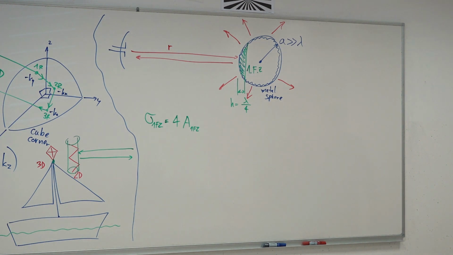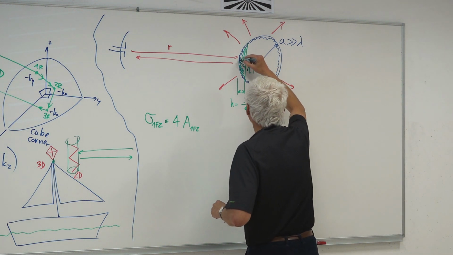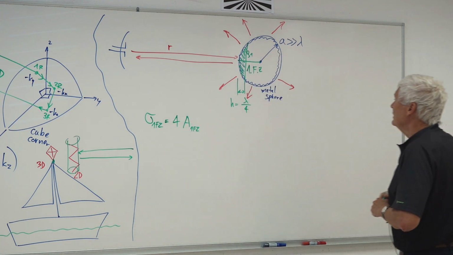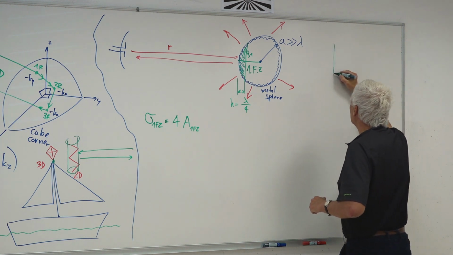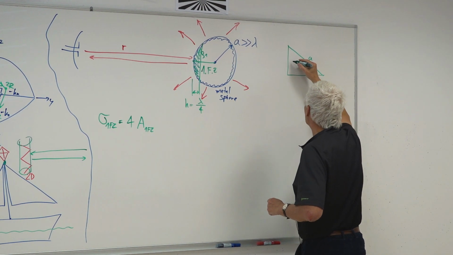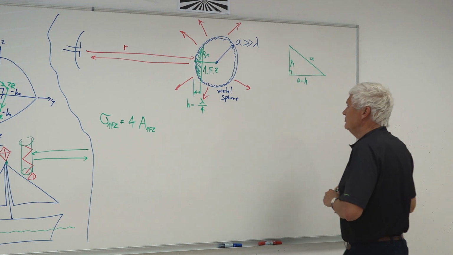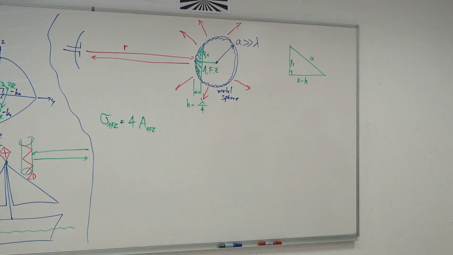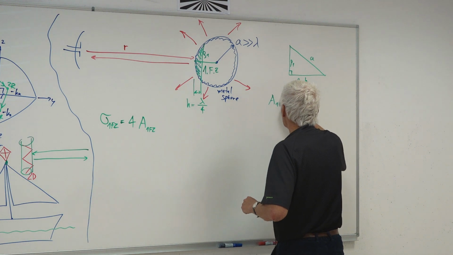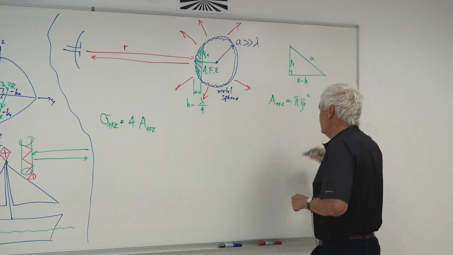And that's the reason why this is 4 times the power. What is the area of the first Fresnel zone? The area of the first Fresnel zone is given by rho 1. What is rho 1? Calculated here, if I draw the triangle, this is A, the radius of the ball. This is rho 1, a right angle, and this is A minus H. So the area of the first Fresnel zone is pi rho 1 squared.